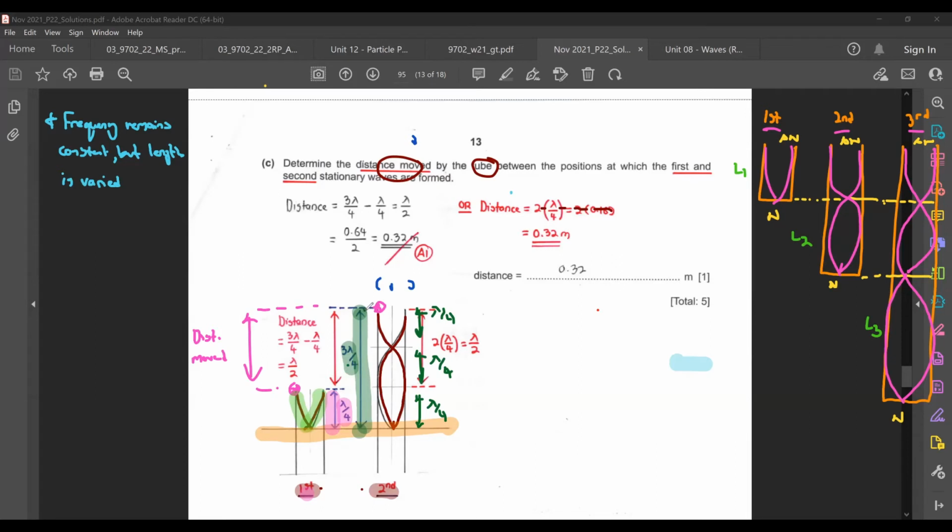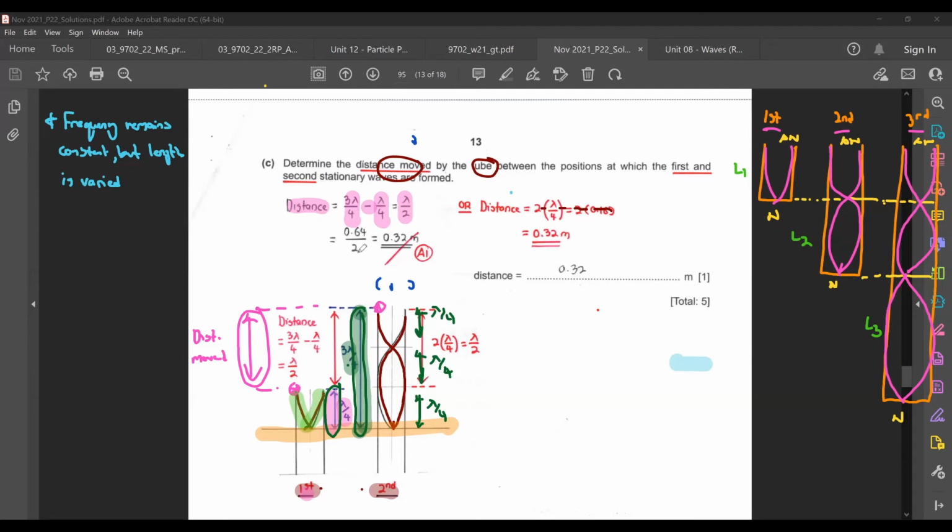You see, if I take this distance minus this distance, I'm going to get this distance. So the answer would just be 3/4 lambda minus a quarter lambda, giving me half lambda.